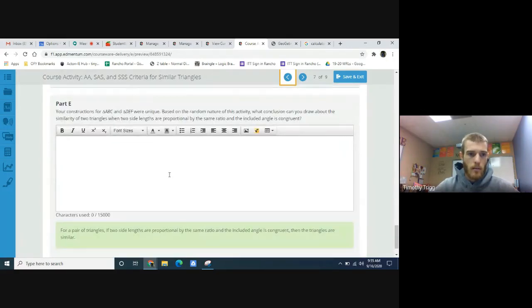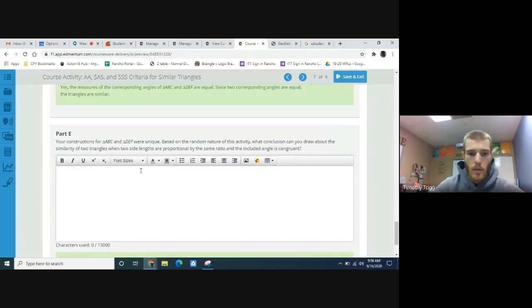Part E. Your constructions for the triangles were unique. Based on the random nature of this activity, what conclusion can you draw about the similarity of two triangles when two side lengths are proportional, but the same ratio and the included angle is congruent? Okay.